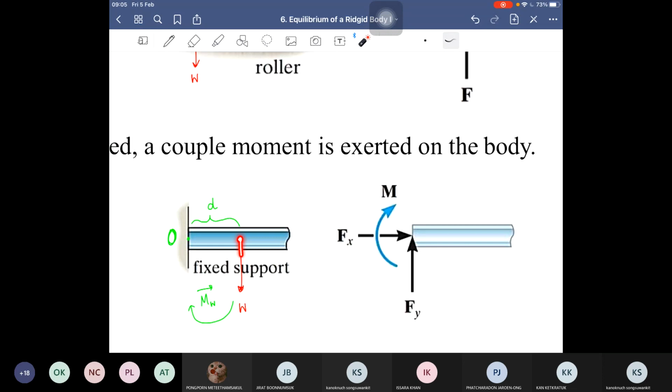The moment produced by this weight will act in the clockwise direction. So this wall must prevent the rotation by producing a couple moment to resist it. So the couple moment that this wall produces acts in the different direction, which is the counterclockwise direction.